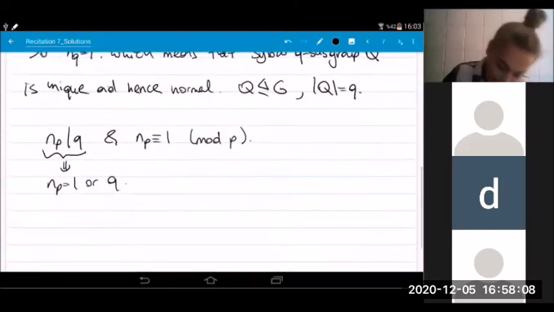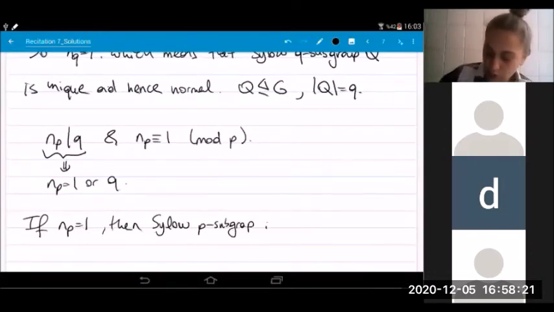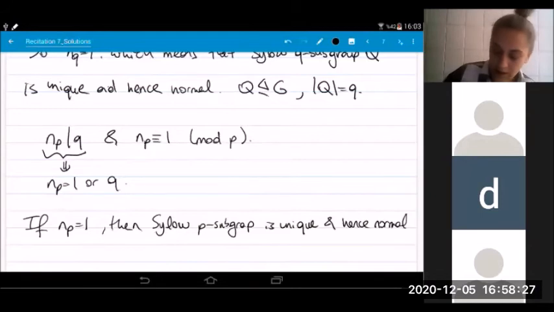Now here, if N_P is equal to 1, then the Sylow P subgroup is unique and hence normal.